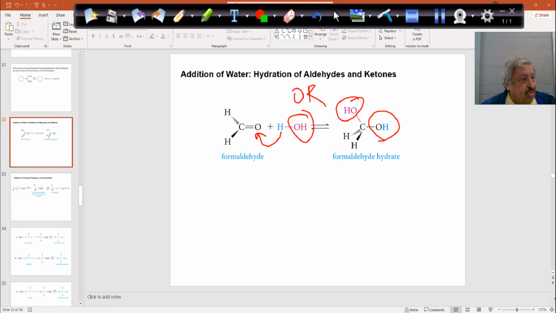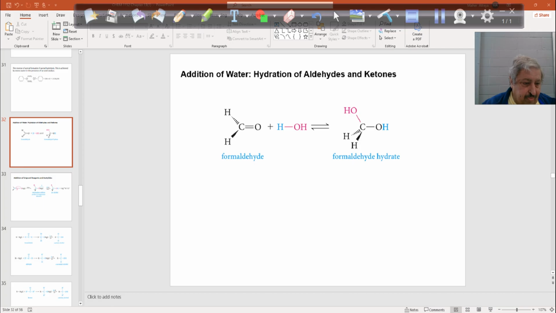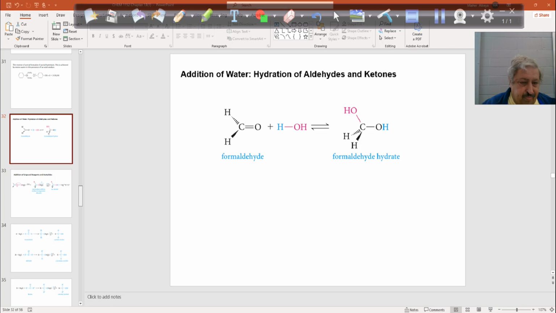You assume that's your OR, so 1 OR and 1 OH, so that's hemiacetal, correct? 1 OR, 1 OH, that's a hemiacetal. Okay, guys, that's excellent. We have a couple minutes, and I think this chapter is almost there.